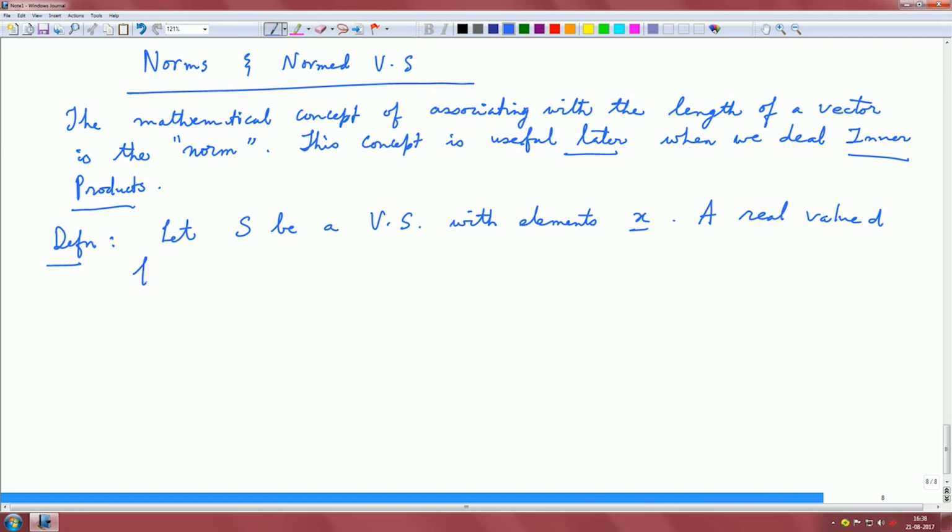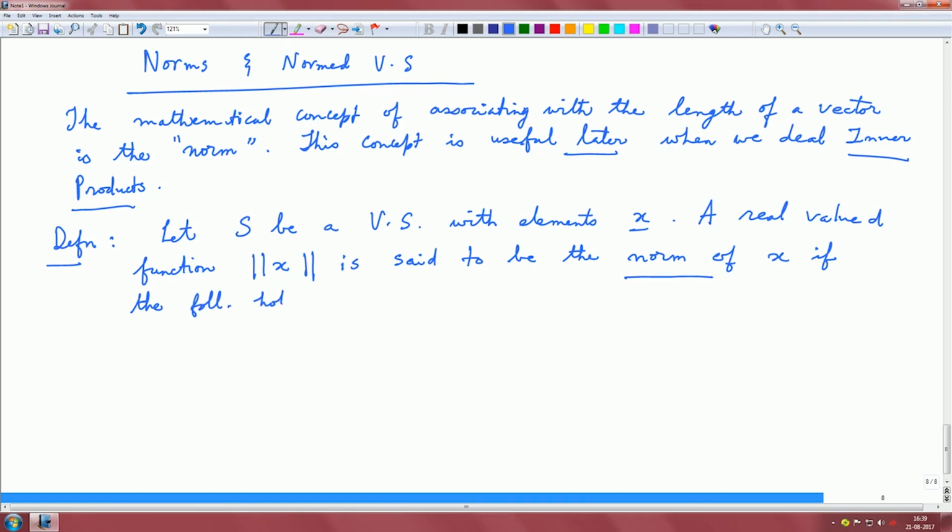A real valued function denoted within these double bars is said to be the norm of x if the following conditions hold. Let us see what those conditions are.